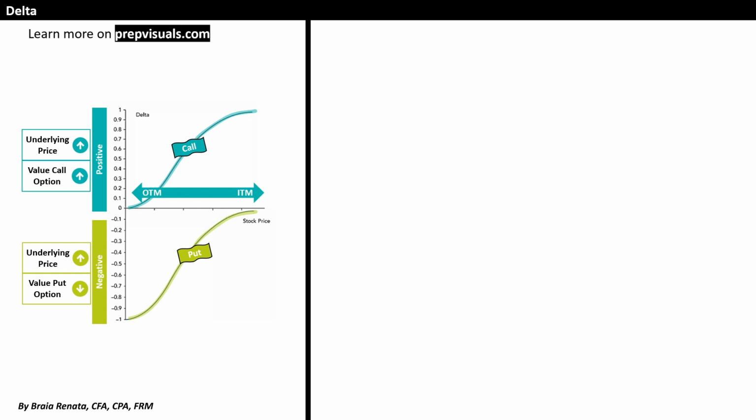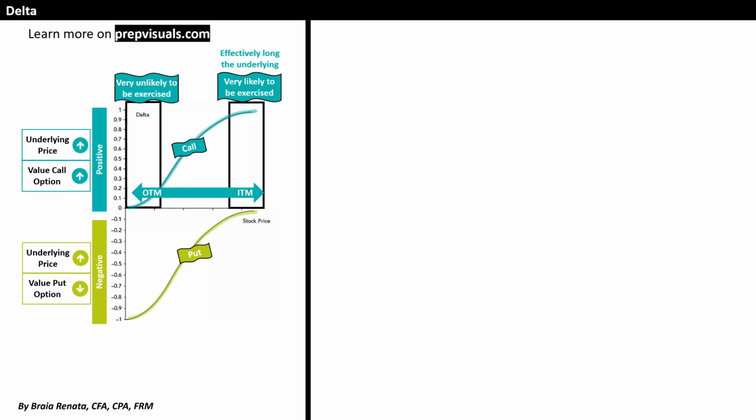And if the call option is deep in the money, it is very likely to be exercised, which effectively means that we are long the underlying, hence the delta is close to 1. Now, if the call option is deep out of the money, it is very unlikely to be exercised, so there is no effective position, which basically justifies a delta close to 0.